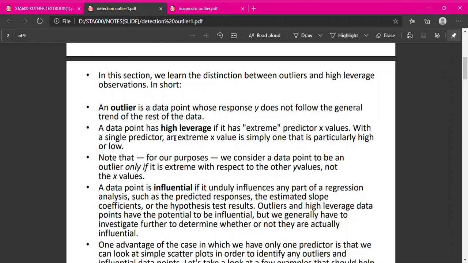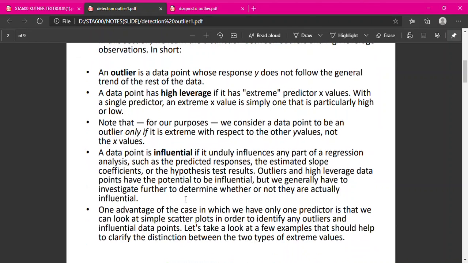Okay, itu beza antara outlier dan high leverage. Outlier does not follow the trend, tapi high leverage adalah extreme in X values. Okay, so note that we consider a data point to be an outlier only if it extreme with respect to the other Y values, not the X values. Okay, ini adalah outlier.